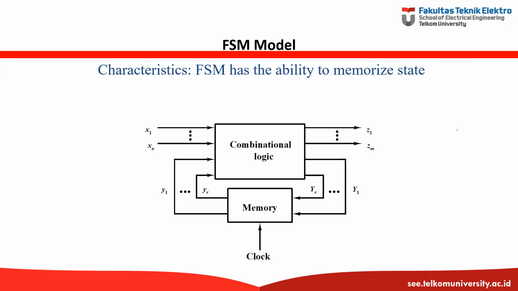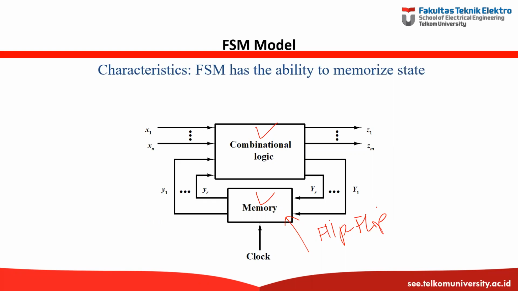An FSM is comprised of combinational logic and also memory, and this memory will be implemented using flip-flops. So if we combine combinational logic with flip-flops, we get the finite state machine, or sequential machine.